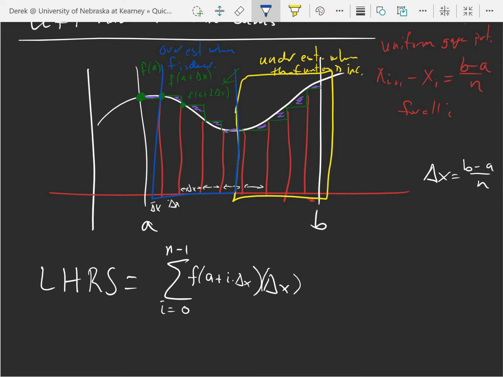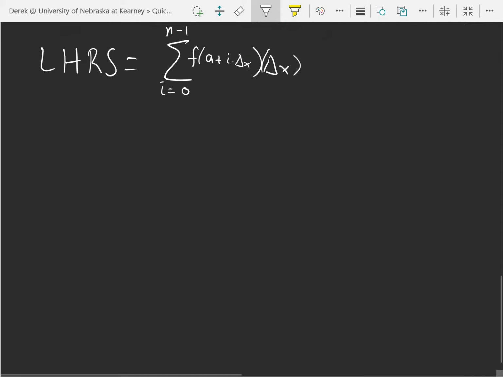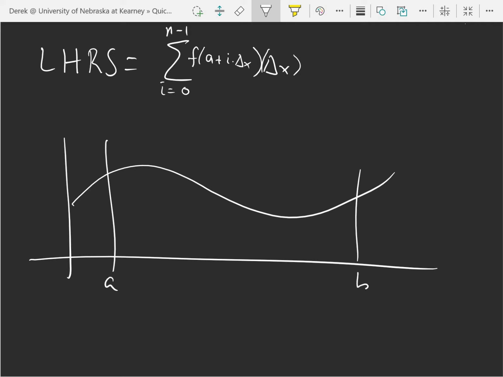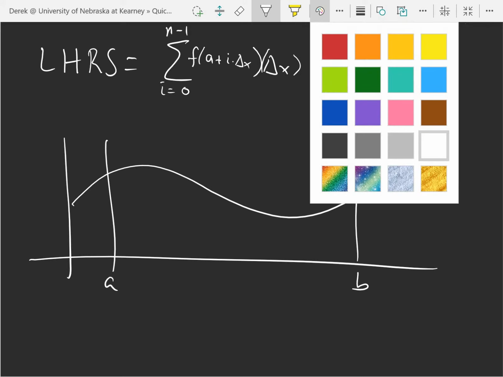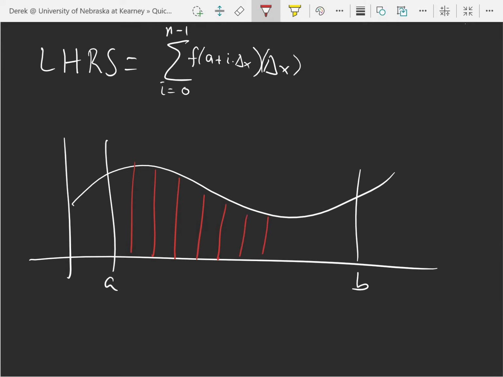We can do this also with the right-hand side. The picture on the right-hand side is going to be similar. Got this function. Here's a to b. We take a uniform partition again, where each of these widths is delta x equals (b minus a) over n, however many pieces in the partition you want.